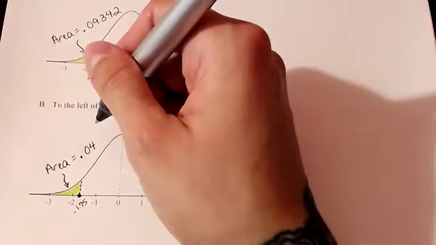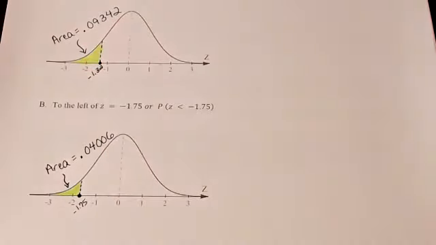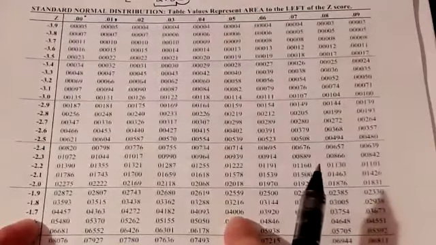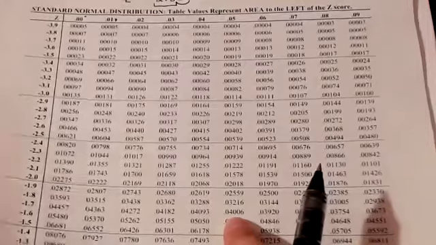Let me double check that. We want to be really careful how we copy this down. So yes, 0.04006. Let me just show you. Negative 1.75, that's here. And there we have it. So just be really careful with how you copy that down.